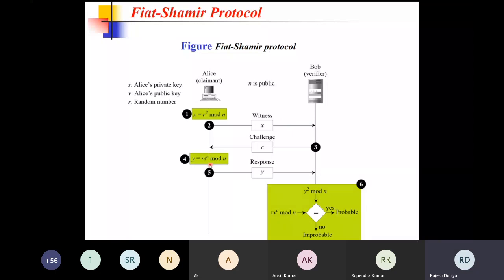Then a value, for example Y, is calculated and sent to the other party. If the calculation matches, then we prove the identity of the party who is trying to communicate with Bob. If not, then the communication is aborted.